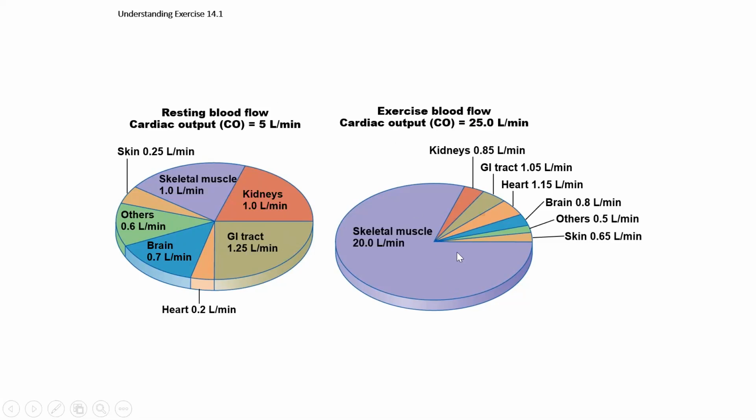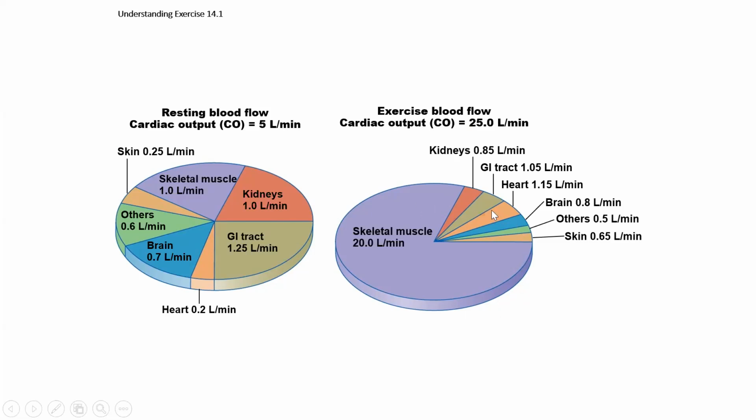We can contrast that to exercise. So when we're exercising, we're under the influence of the sympathetic nervous system. We see that the skeletal muscle gets 20 liters of that increased cardiac output. So the overall cardiac output has also increased 5-fold to about 25 liters per minute, but the skeletal muscle gets the large chunk of that increased cardiac output.